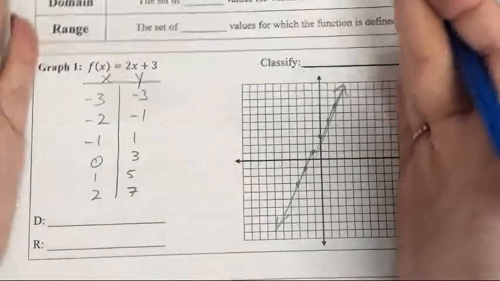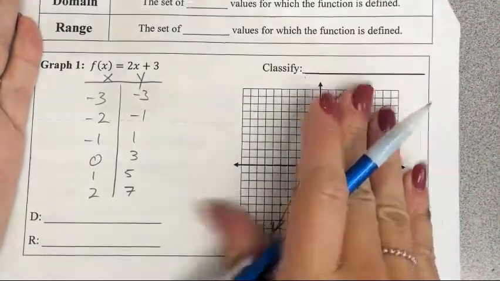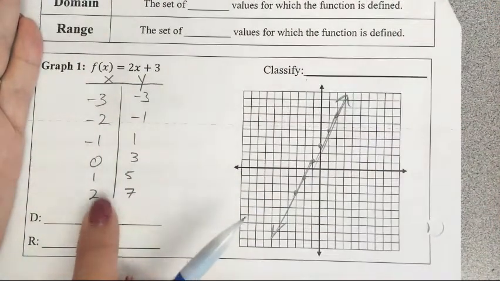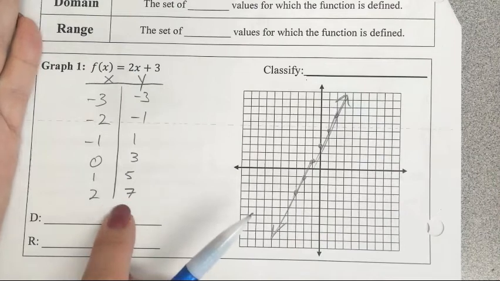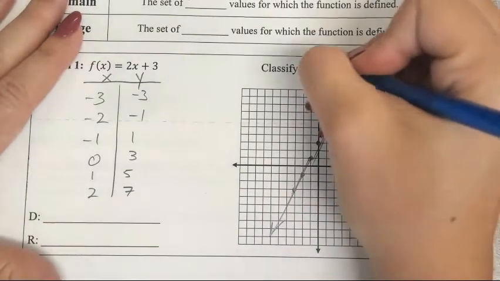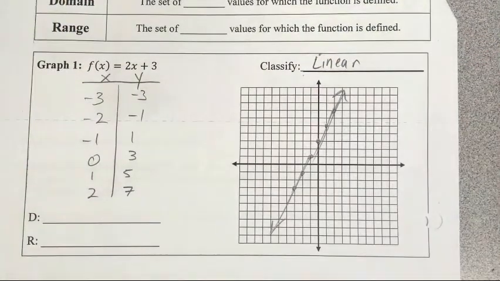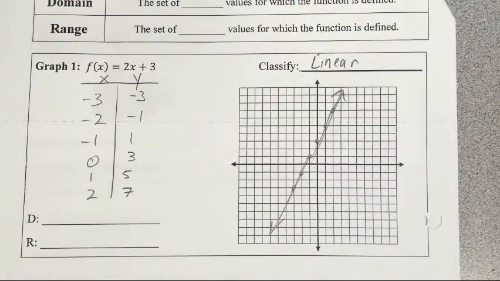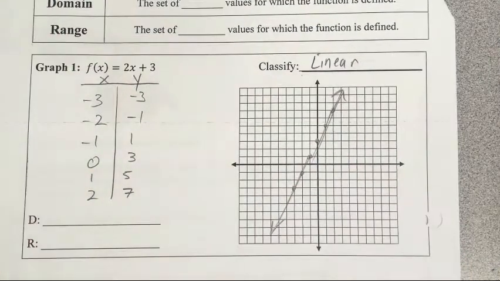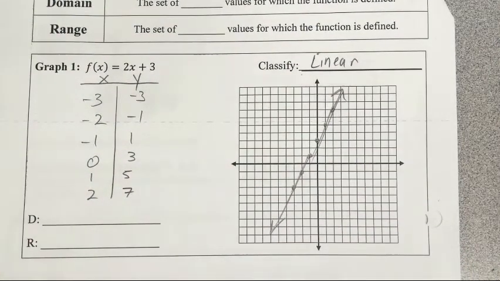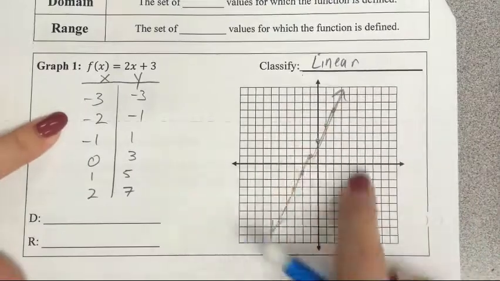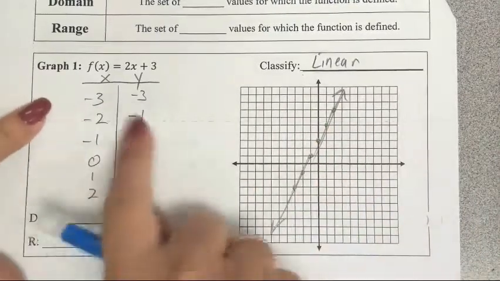So that's the main goal we're trying to accomplish, is getting a graph and using the table feature of our calculators to do that. And then if you want to go ahead and write down that this one is a linear equation, you can classify these if you know the different types. So go ahead and then work through graphs 2, 3, 4, 5, 6, and 7 using the same process, graphing them, utilizing the table.